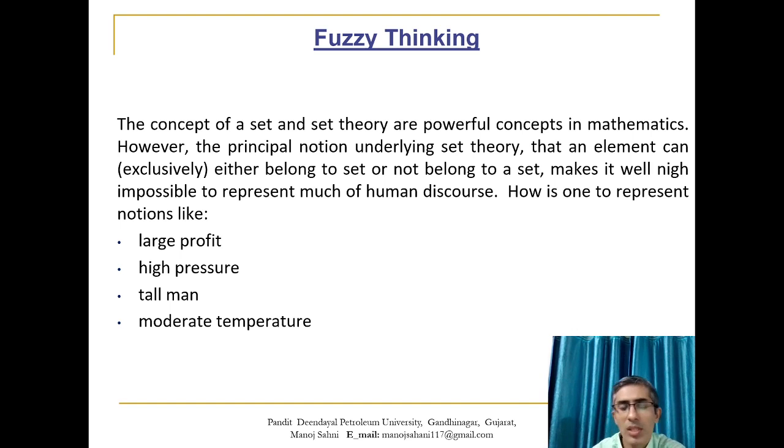These are all linguistic variables which the set theory given by George Cantor will not be able to cater to. So in that case, the approach developed by one great person, Lotfi Zadeh, is how fuzzy sets came into existence.